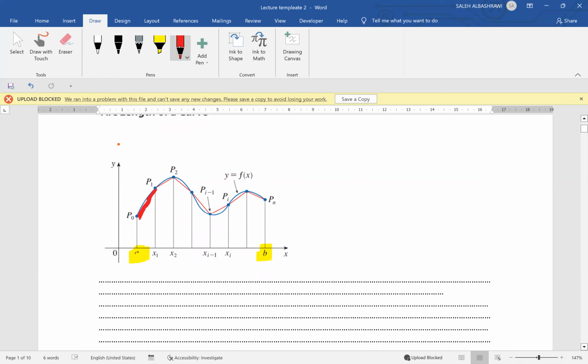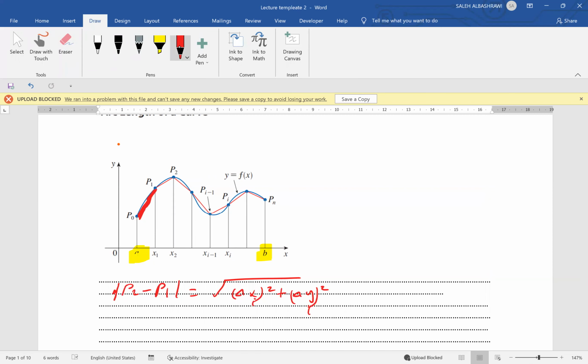We know that the distance between two points, the absolute value of B2 minus B1, is given by the square root of delta x square plus delta y square. I can say delta xi square and delta yi square. If we do this for all the line segments, we can estimate the arc length by adding all of these distances.